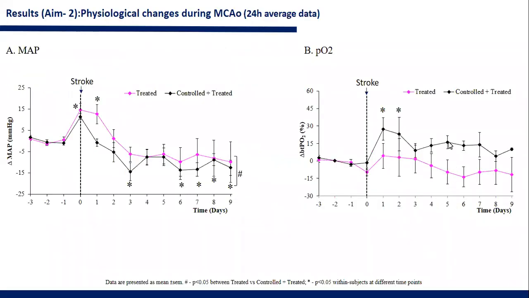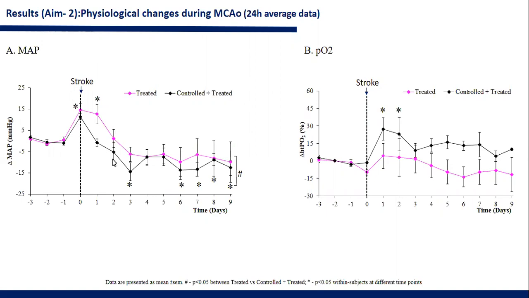Now in the results section, I'm showing daily average data of the mean arterial pressure on the left-hand side, and the brain tissue oxygen on the right-hand side until the end of the protocol. The stroke was induced on day zero. Again, similar to what was previously mentioned, post-stroke blood pressure increased on the stroke day but returned to the baseline level within 48 hours in both groups.